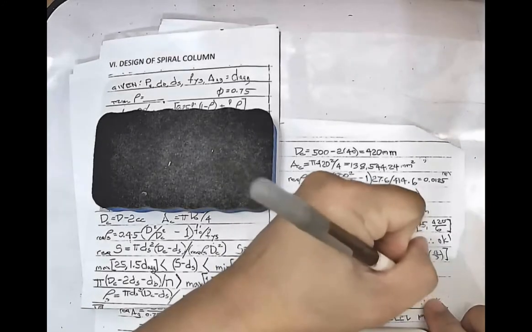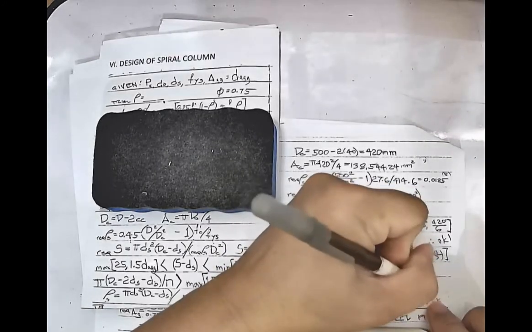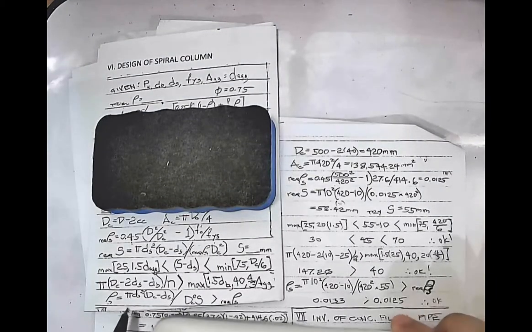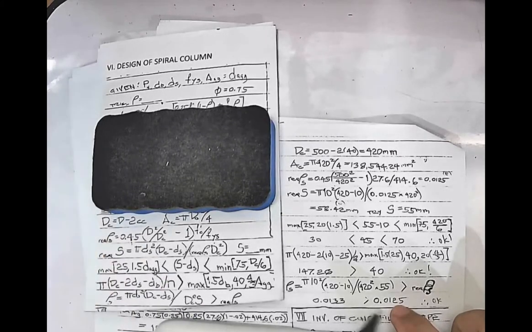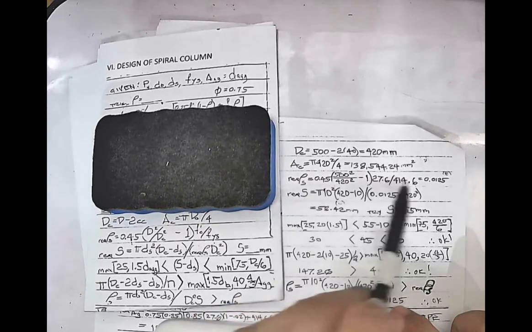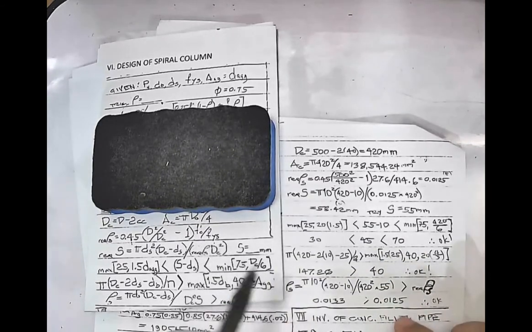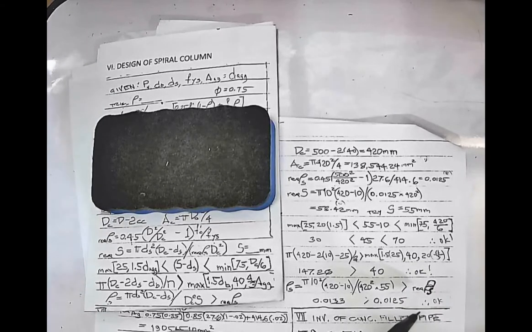Okay, so this should be rho S. Palitan nyo na lang. So, lumalabas na 0.0133 is greater than your rho S na 0.0125. Ano to? 0.0125 required rho S. So, therefore, it is okay.